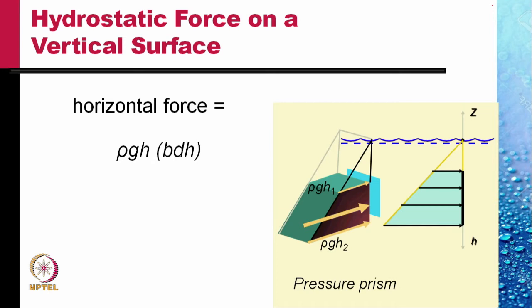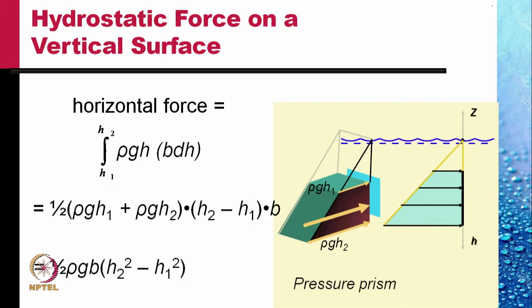To find the total force on the plate, we have to integrate this over h, from h equal to h1, the depth of the upper point of the plate, to h2, the depth of the lower point of the plate. And if we do a simple integration assuming rho, b and g constant, we get the total horizontal force as 1/2 rho g b (h2 square minus h1 square).